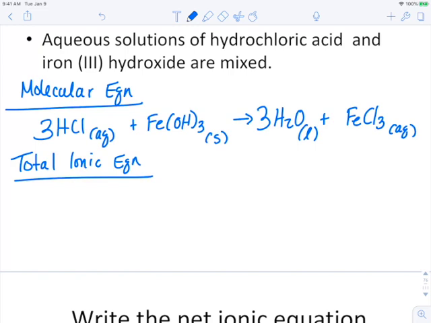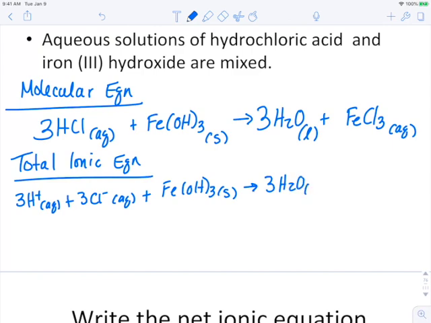All right, HCl is a strong acid, so I'm going to break that up and say 3H plus, 3Cl minus. We do not break up our solids. We don't break up our liquids. And now I'm going to break up that iron chloride.